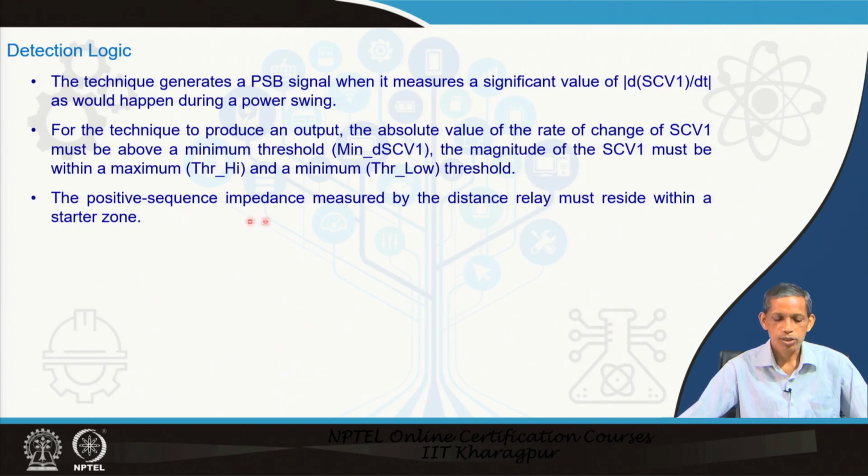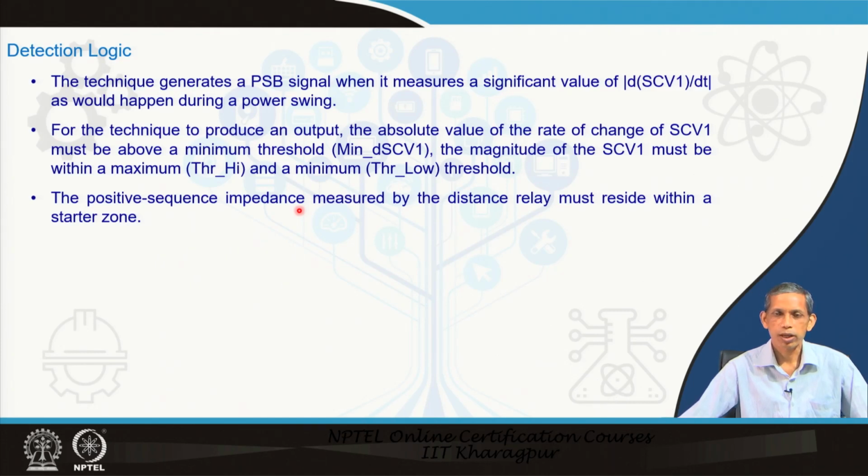Furthermore, the sequence impedance measured by the distance relay must be within a stator zone, like we talked about with the concentric circles. If these are satisfied, the corresponding power swing blocking function can be invoked. It will ensure that this is a swing and the relay has to be blocked.